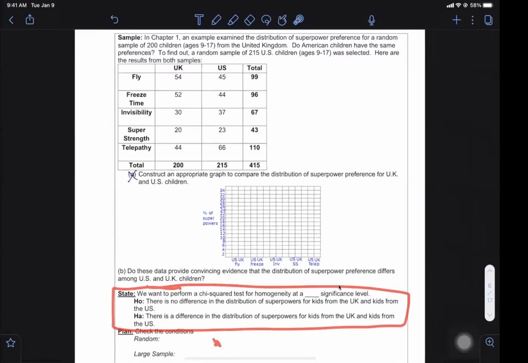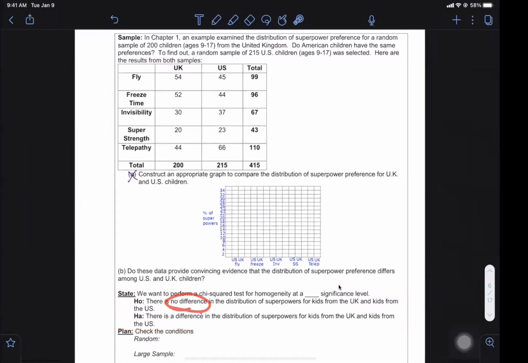We are curious if there are any differences in the distribution of superpowers for the kids from the UK and the kids from the US. So we are trying to see if the column distributions are equal or not equal, or are they the same? Before we do that, we have to calculate the expected counts for every single cell.